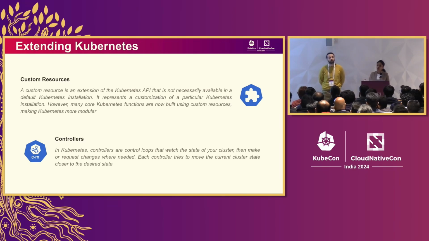They have become so important that even many core Kubernetes functions are now built using custom resources, making Kubernetes more modular. Custom resources can appear and disappear in a running cluster through dynamic registration, and cluster admins can update custom resources independently of the cluster itself.